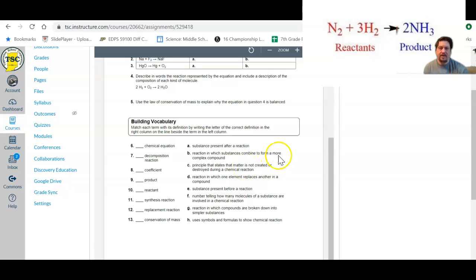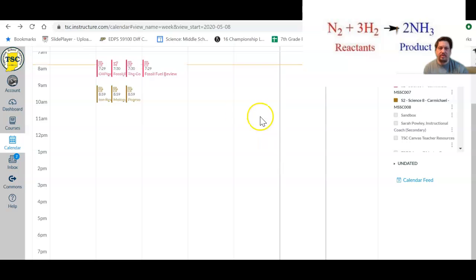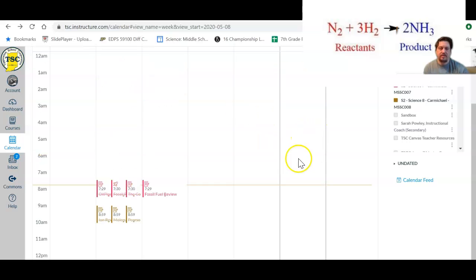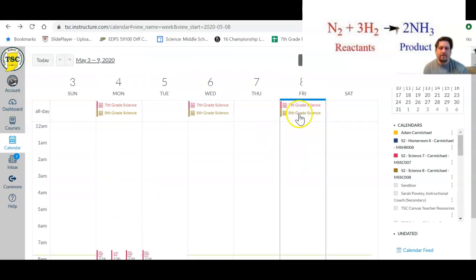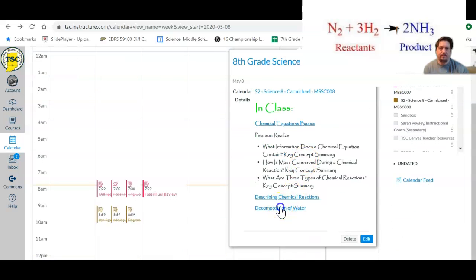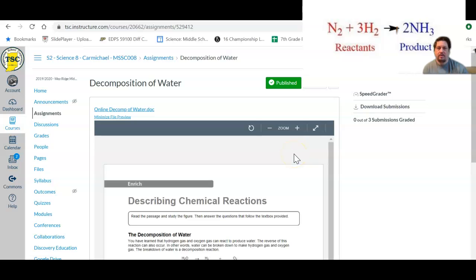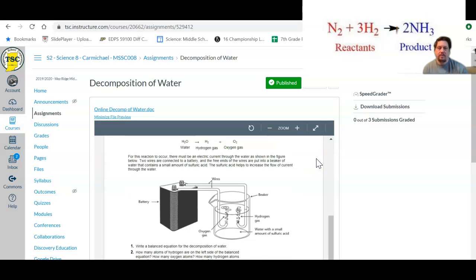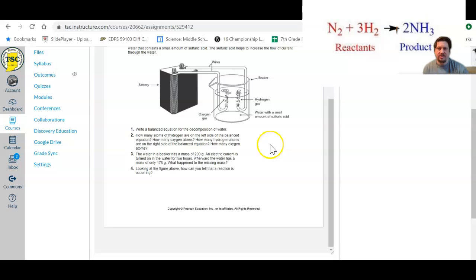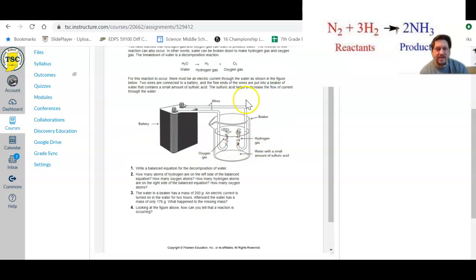Next, we have a little bit of enrichment paper. 3 questions, I think. Up here, decomposition of water. I'm going to read some information here, and we're going to write a balanced equation for the decomposition of water.